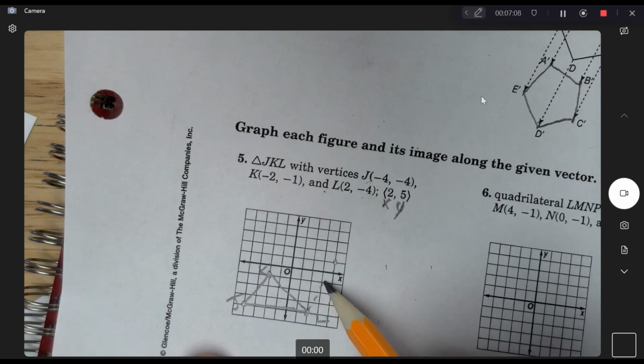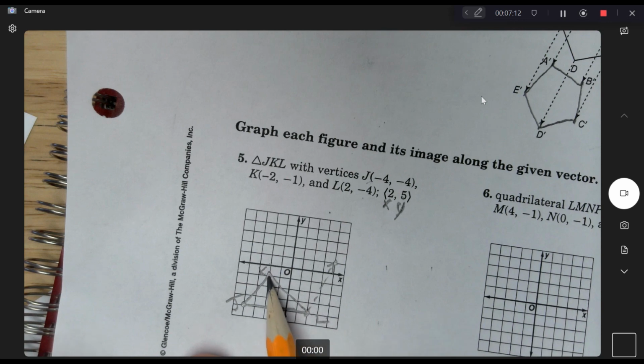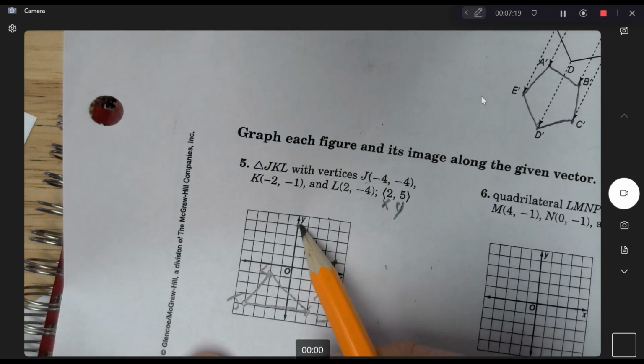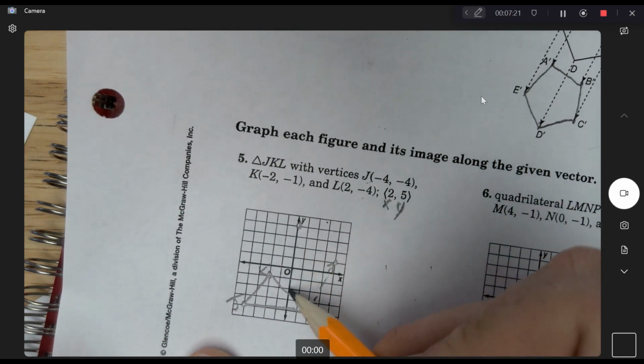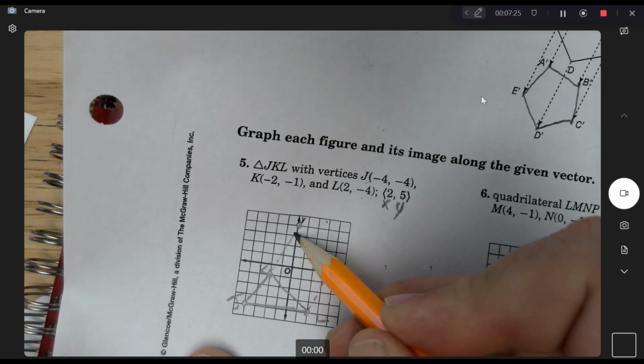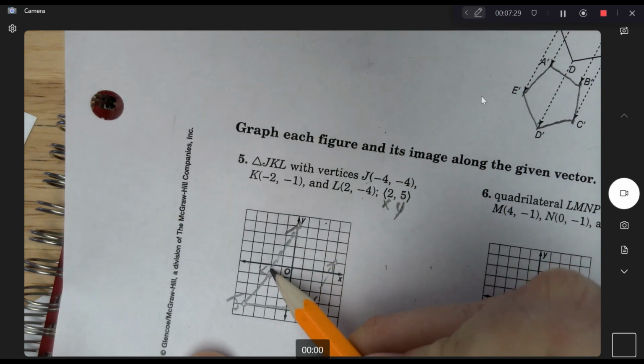I'm going to draw it just the way they did with a little dotted line. This one goes to the right 2 and up 5. 1, 2, 3, 4, 5. And there's our vector there.